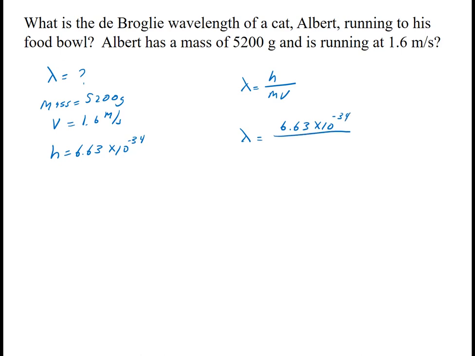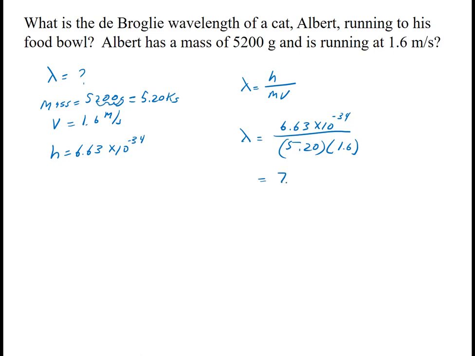Divided by my mass, which has to be in kilograms, so this is 5.20 kilograms. Move it 3 to the left, 1, 2, 3. All right, so 5.20. My velocity is 1.6. Again, it's this 6.63 times 10 to the minus 34th divided by 5.2 divided by 1.6.